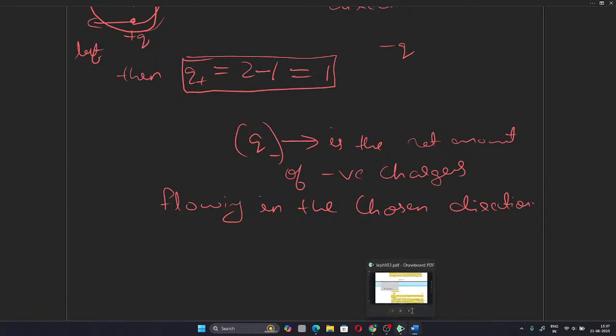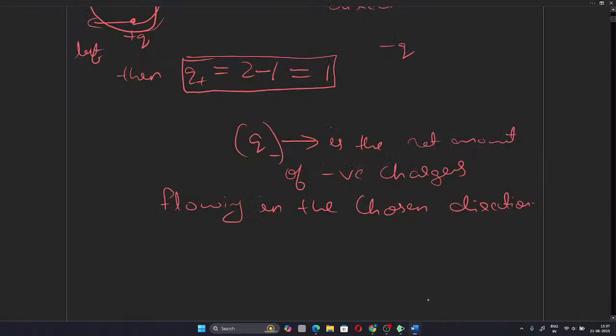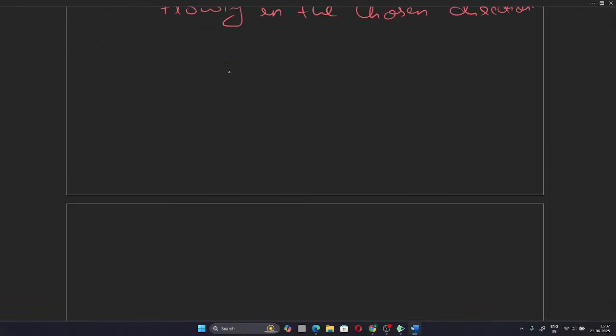In case of steady current, we take the total charge Q to be equal to Q plus minus Q minus.